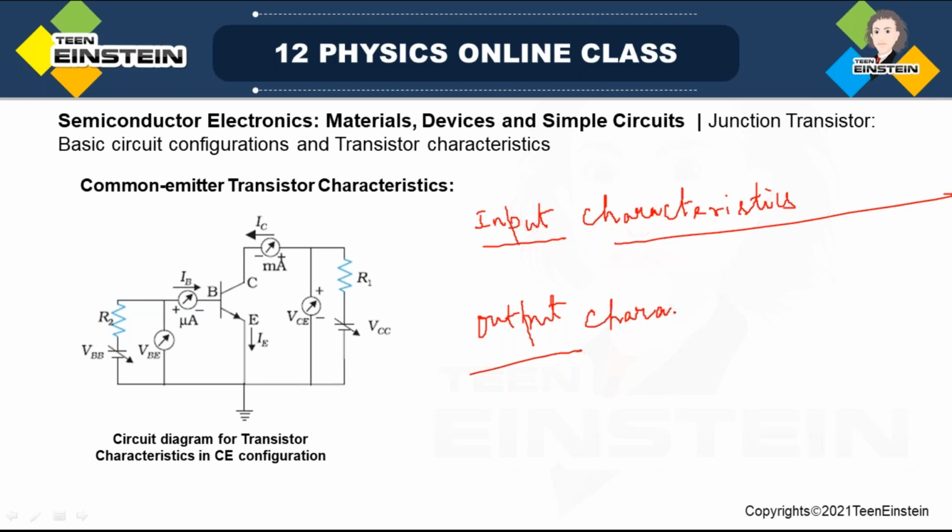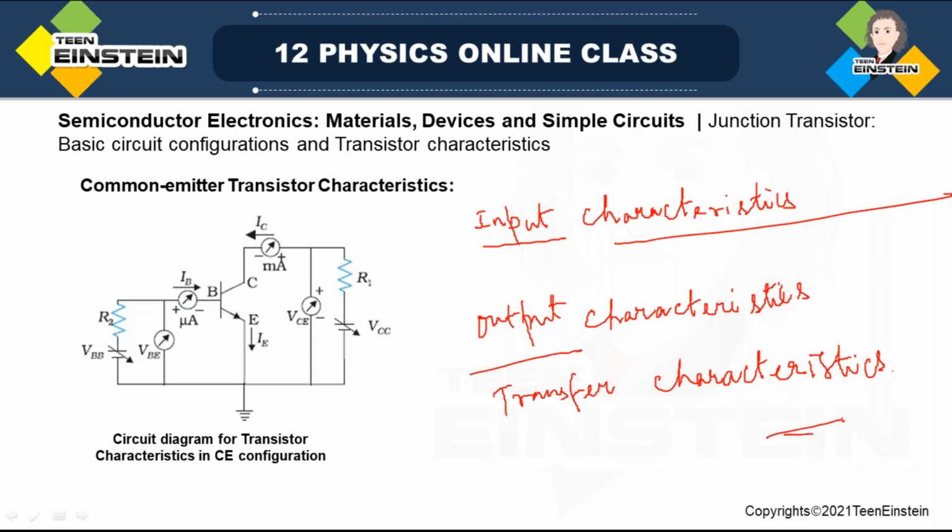Obviously another one we can also discuss today, that is transfer characteristics. So there are three types of characteristic curves which we are going to study today.